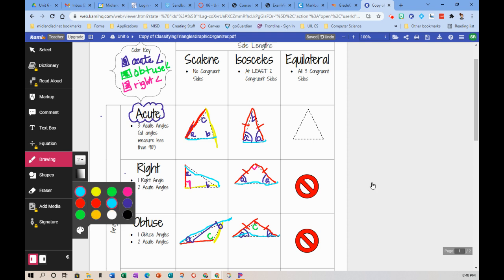If they're all acute, we divide 180 by 3, so that means that they're all 60 degrees.